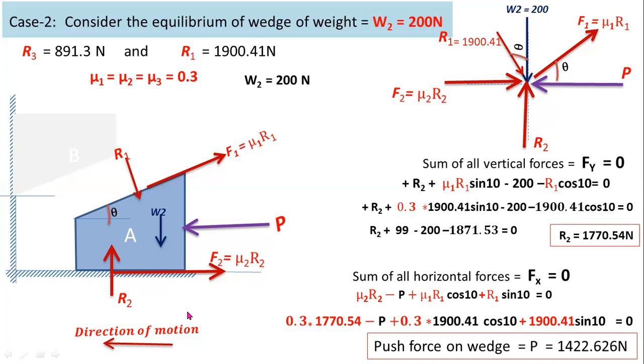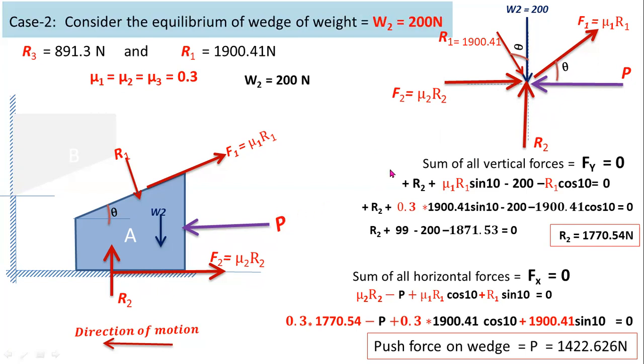And this reaction force makes an angle 90 degrees with respect to the horizontal surface. So from these 6 forces you can get the value of pushing force P.